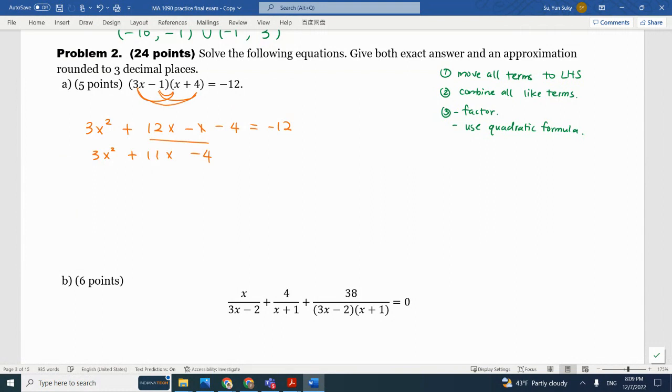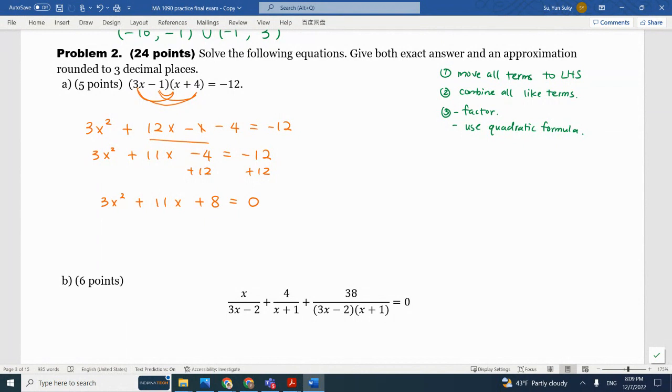Minus 4 equals -12. We want to move all the terms to the left hand side, so we add 12 on both sides. So 3x squared plus 11x, 12 minus 4 is 8. You see?